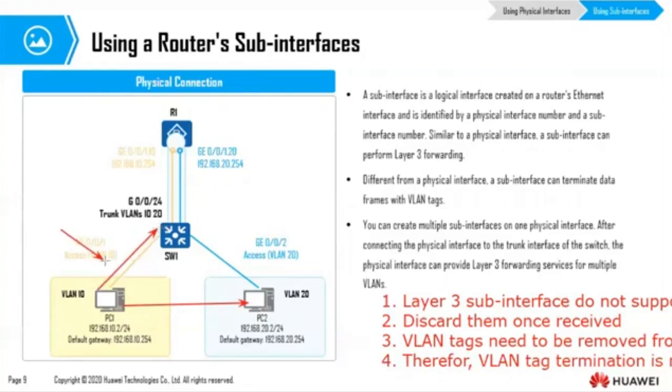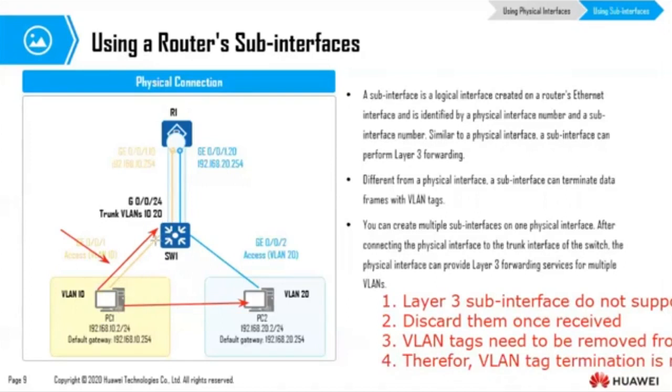At this particular point, is the frame tagged or untagged? PC1 sends a data frame to switch 1. Is that frame tagged or untagged? Does it have a tag? Untagged, right? Because access devices do not deal with tagged frames.